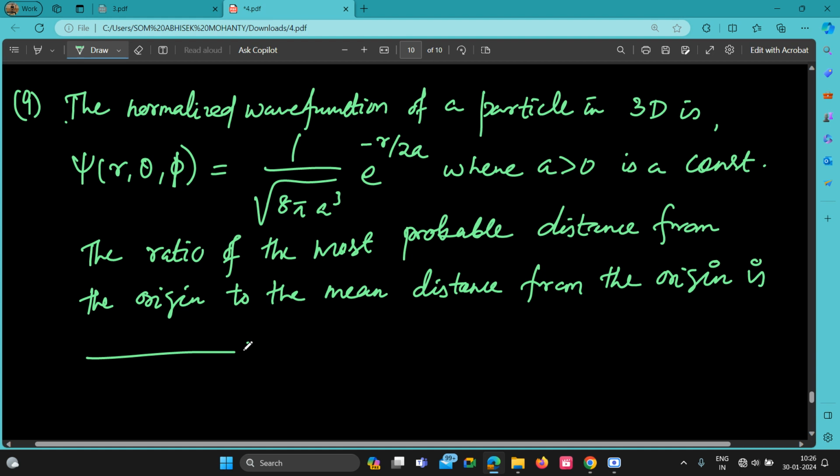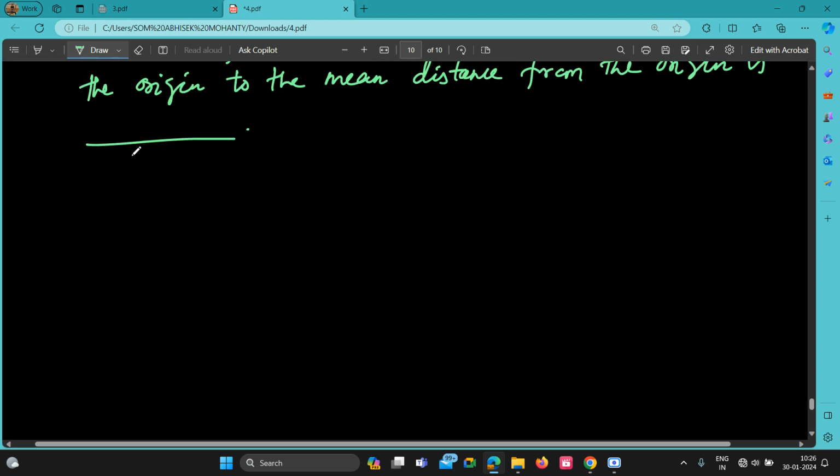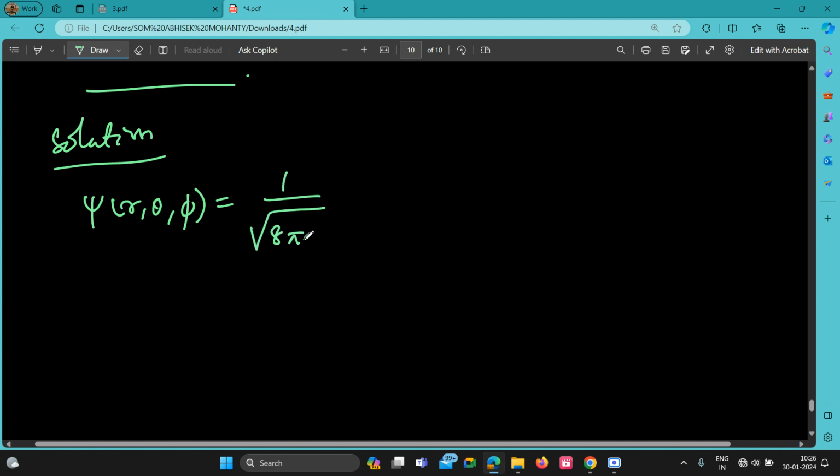How to solve it? See, I will write the solution. Psi(r, theta, phi) is 1 by root over 8 pi a cubed, e to the minus r by 2a.